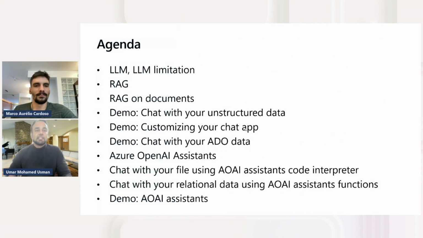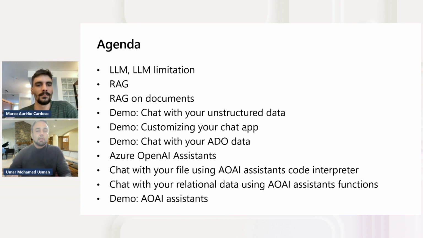This is a high-level agenda, and I wanted to give you a structure of it so that you have an understanding of what we will be presenting end-to-end today. Before we jump into chatting with your data, we will cover what is an LLM, just to level set, and what are some of the limitations of LLMs. When I say LLM, it's large language model, and how do we overcome those LLM limitations using RAG?